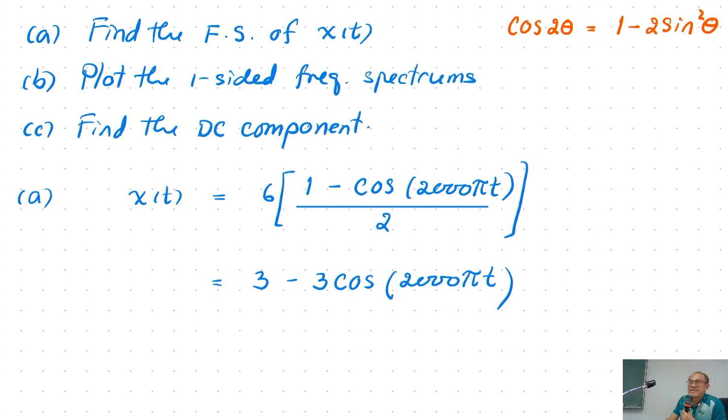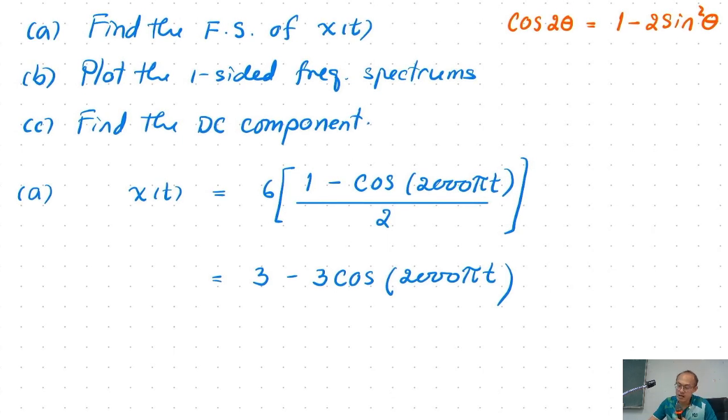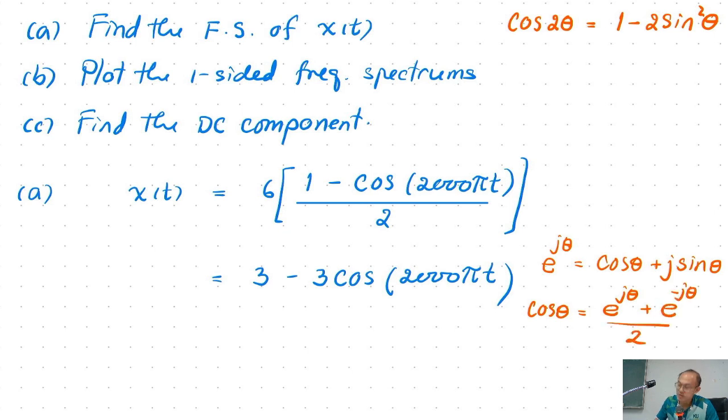Can you see anything? Now I'm gonna use Euler: e to the j theta equals cosine theta plus j sine theta. So from this we have cosine theta equal to e to the j theta plus e to the minus j theta, over 2.